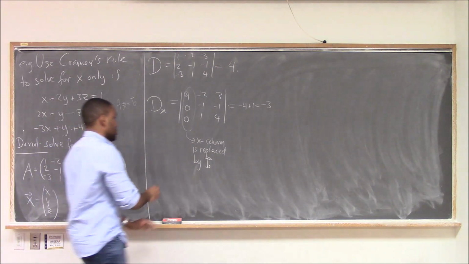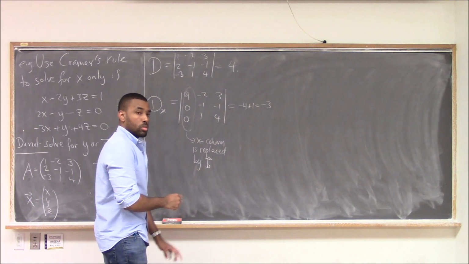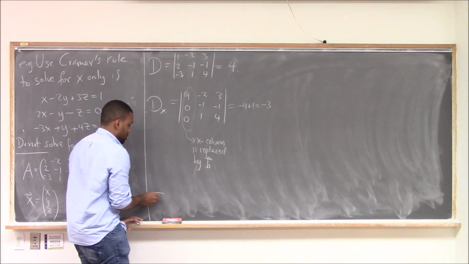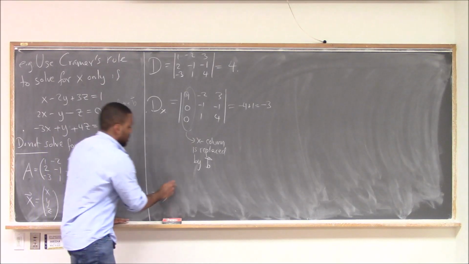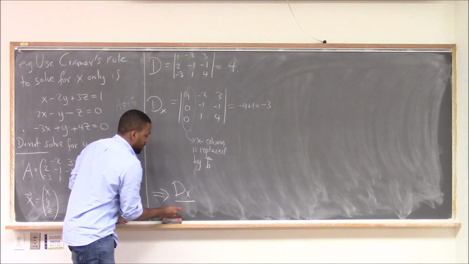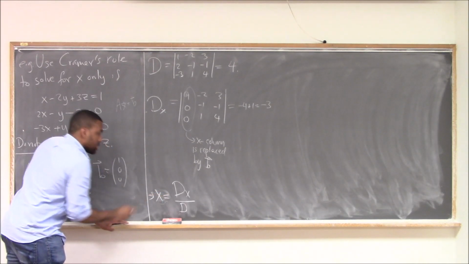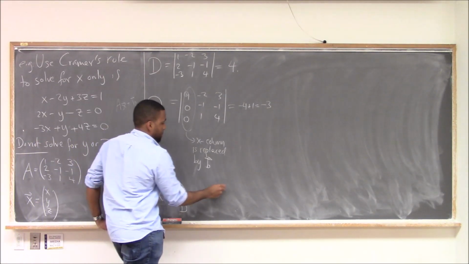Okay, and then you need to divide. So this would mean DX over D. Your X would be equal to DX divided by D, which is going to be minus 3 over 4.